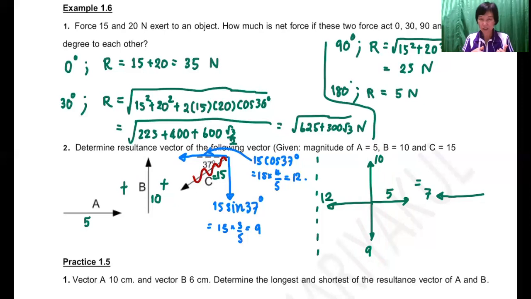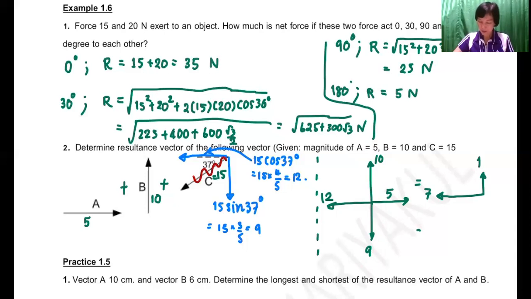As you studied previously, if the angle is 180, the resultant is the subtraction of them, and the direction is the same as the bigger one. Here the bigger one is 10, because 10 is greater than 9, so the resultant is 1 pointing upward.